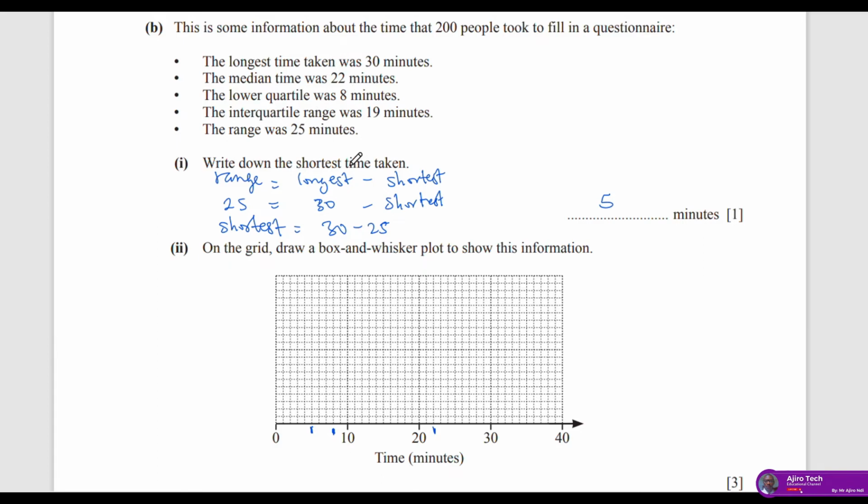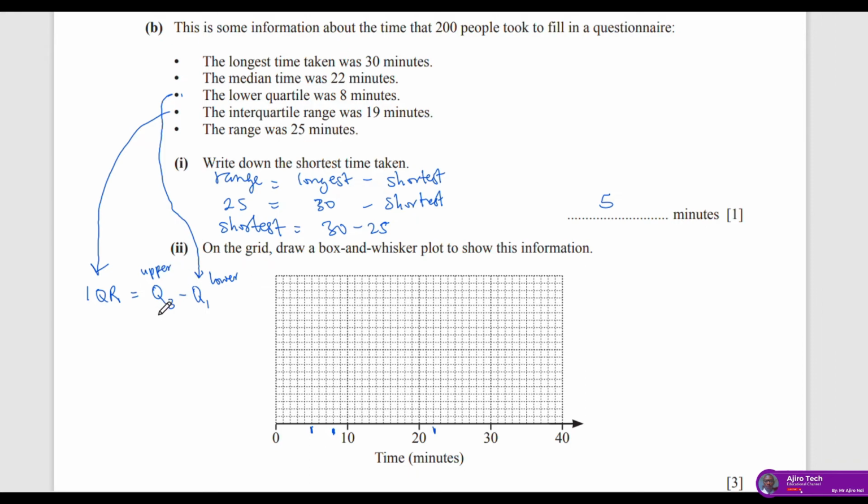okay, we have an interquartile range. Interquartile range is Q3 minus Q1. I'm not giving the upper quartile, I'm only giving the lower quartile. So Q1 is the lower quartile, and this is the upper.